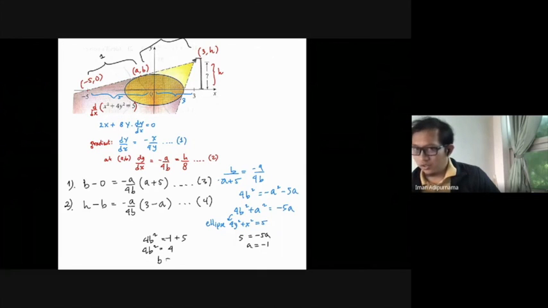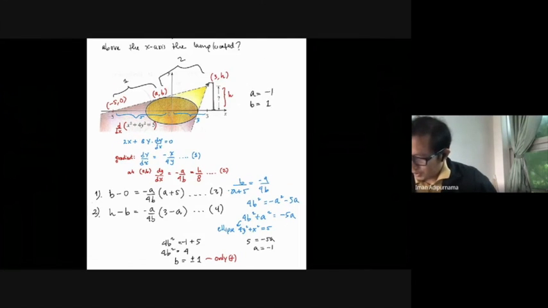So b is actually plus minus 1. But according to our picture here, it's only possible if b is positive, right? So let's have b positive. So only positive. So I will write A is -1, B is 1.